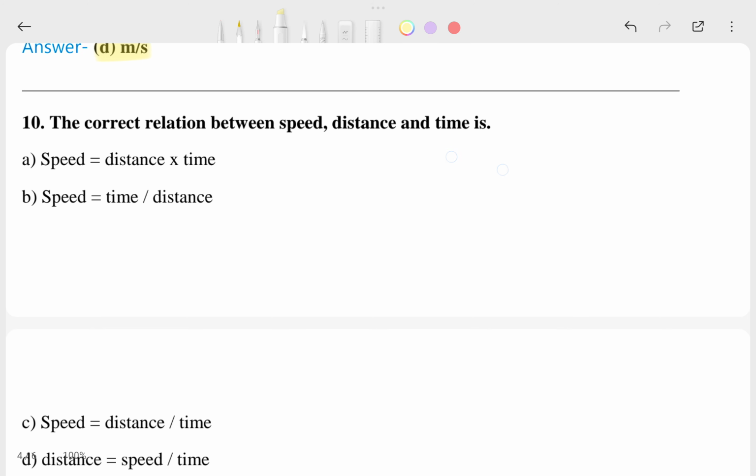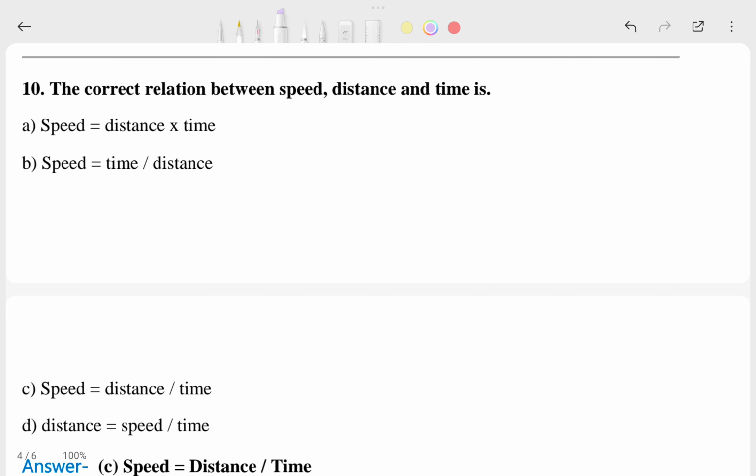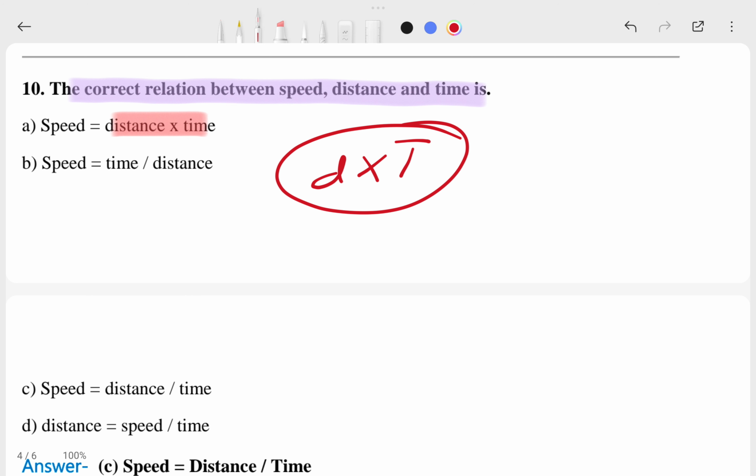Okay, let's talk about our 10th one. The correct relation between speed, distance and time is... The first one says speed equals distance times time, d cross t. The second says speed is time by distance.